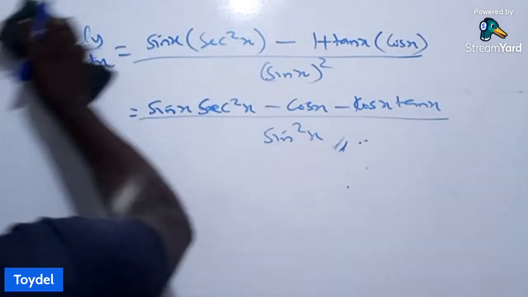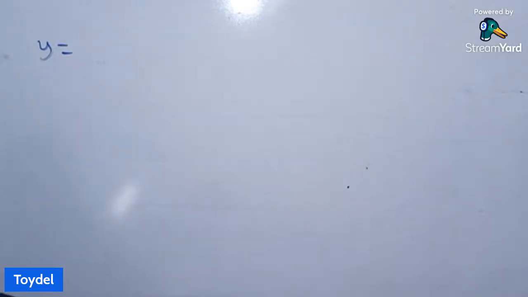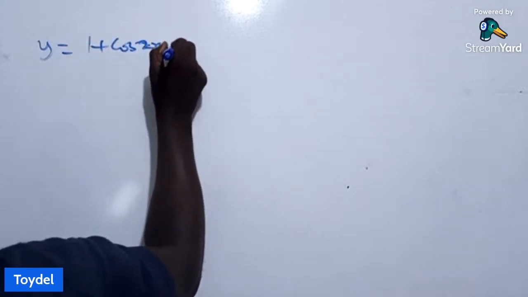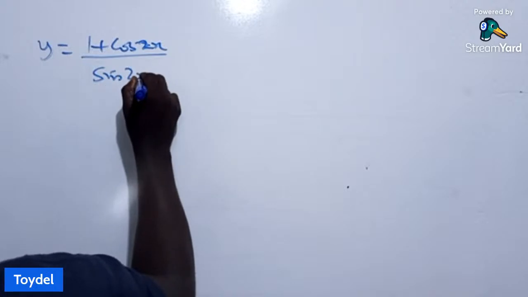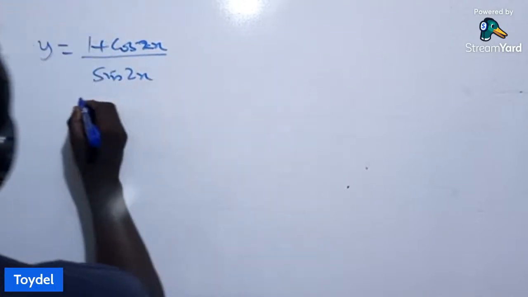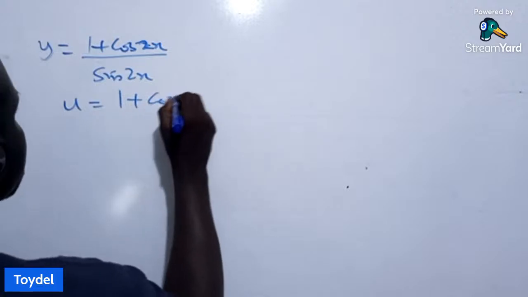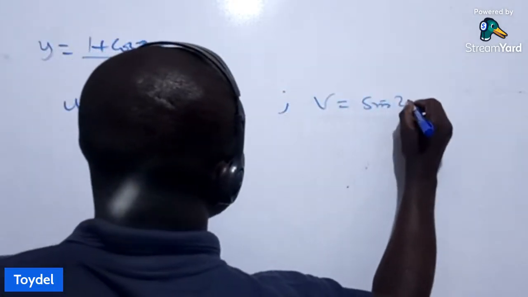So we go to the second example, where we have y equal to 1 plus cos 2x all over sin 2x. In this case, we represent the numerator as u, that's 1 plus cos 2x, and the denominator v as sin 2x.